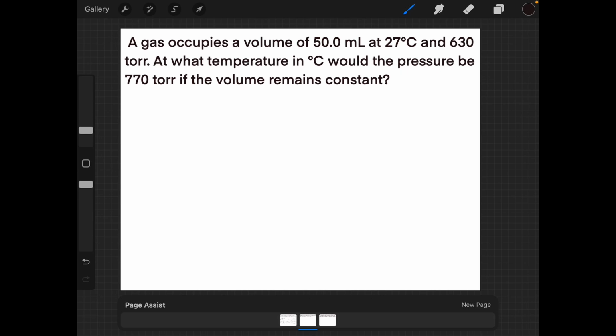Let's try another problem. For this one, we are solving for a new temperature. We are given the volume, old pressure, new pressure, and the old temperature, although we need to add 273 to convert to Kelvin.